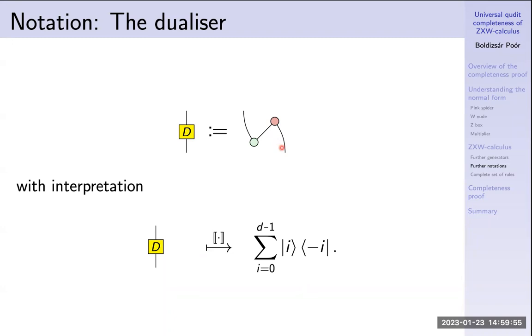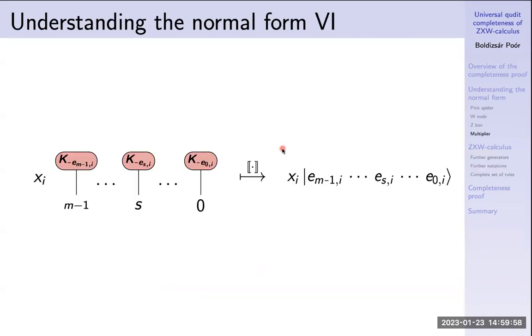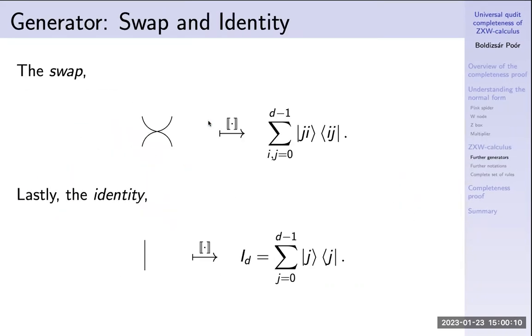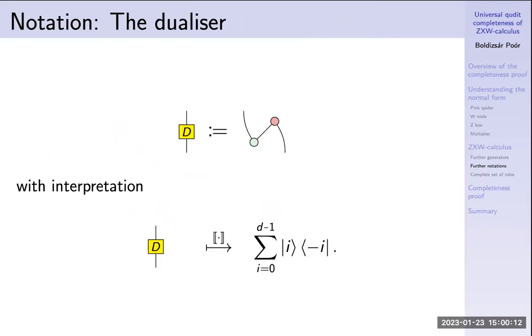And also, if we go back to the multiplier, a dualizer is a multiplier with d-1 wires. So these 3 things actually equal, and they are kind of convenient to work with because of that. Thank you.